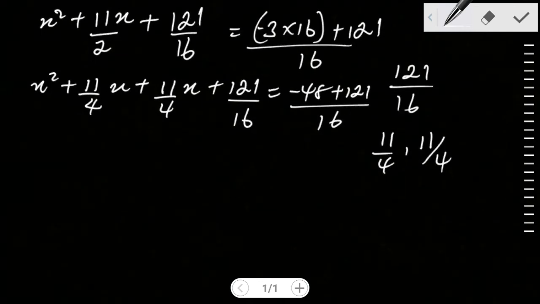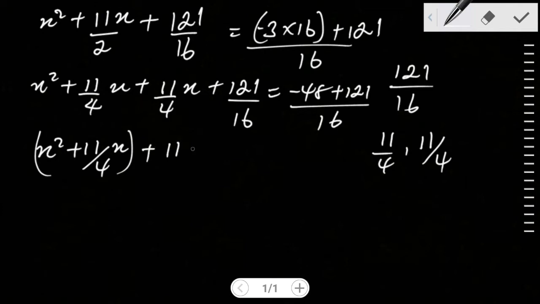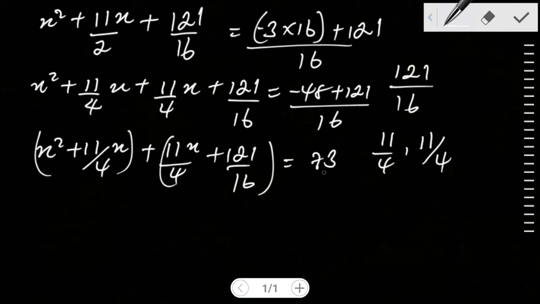And therefore, if you factorize here, like x squared plus 11 out of 4 x, close this for easy factorization, plus 11x all over 4 plus 121 all over 16, close this, would equal 73 all over 16.